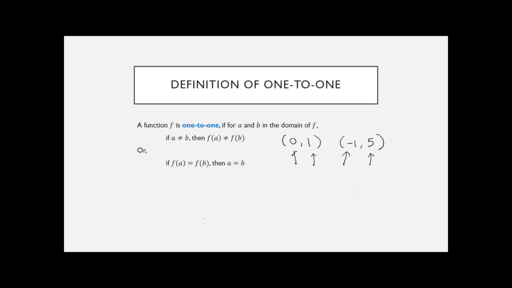So it's sort of like the definition of a function was you can't have the same X value have 2 different Y values. One-to-one is the opposite. You can't have the same Y values have 2 different X values. So it's like the opposite or the inverse of the definition of a function.